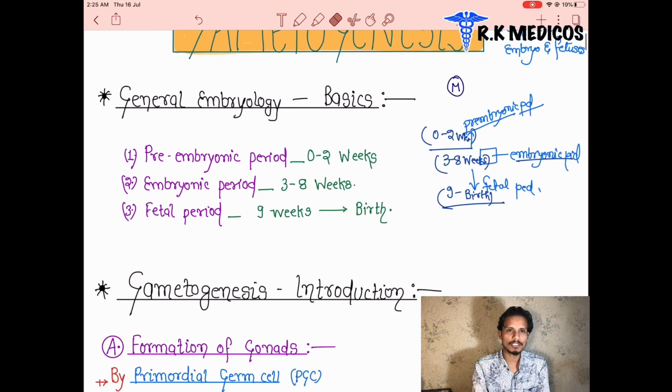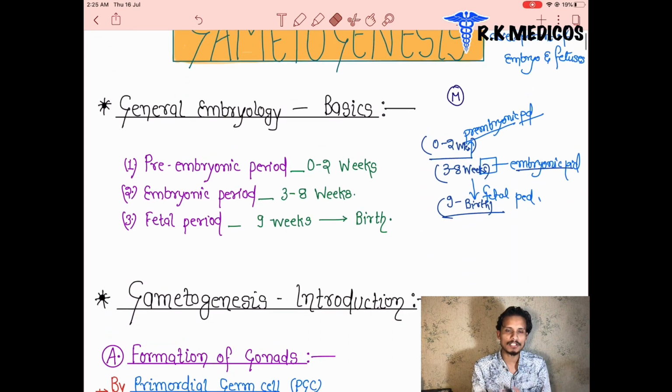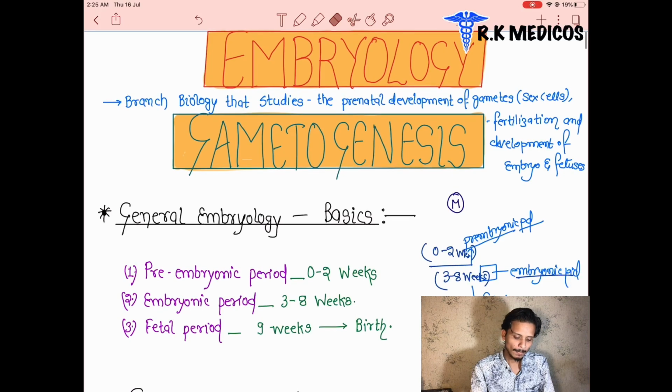Next, we are going to see how the sex cells or gametes are formed. Before we discuss everything about gametogenesis, we have to know three terms.